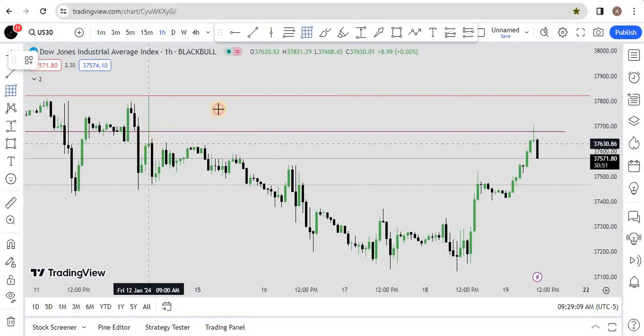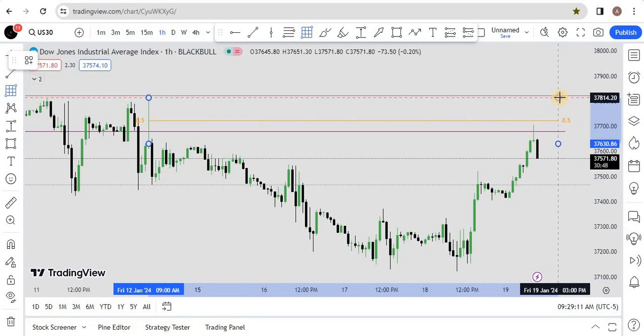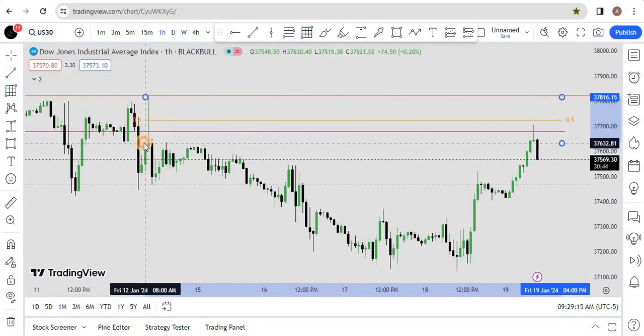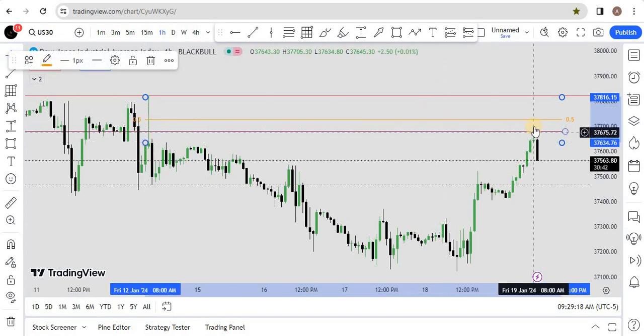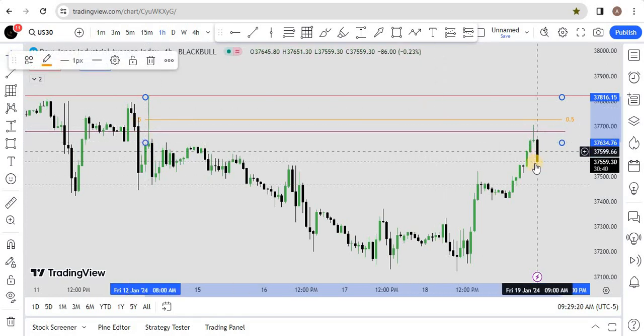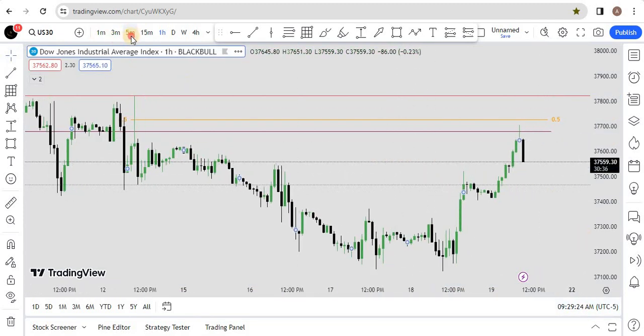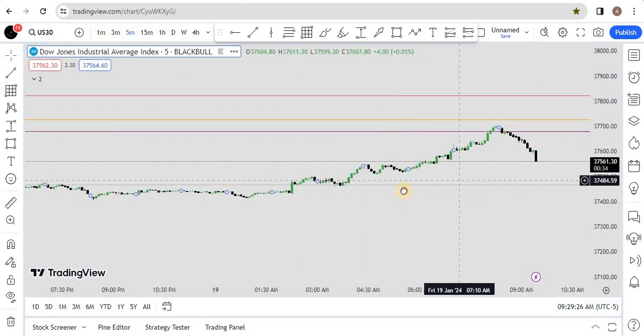So this is the wick. Price often gives a reaction on the midpoint of the wick, like this. And price is going to the downside. We have just 20-40 seconds until the market opens. Let's see what happened.